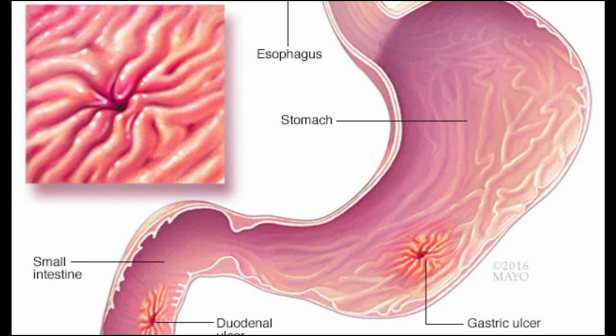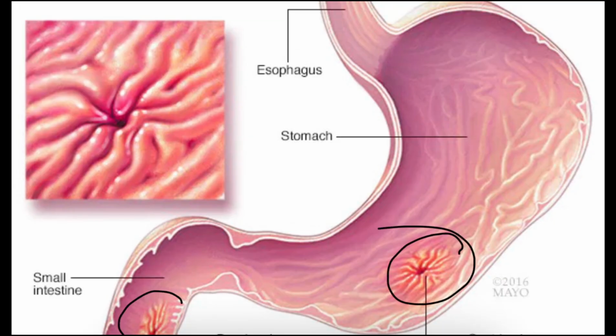So we have some high yield important points. Peptic ulcer disease can be seen in two different sites: one is gastric ulcer and the other is duodenal ulcer. In gastric ulcer you can see it here, and duodenal ulcer you can see here, in the duodenum. How can you differentiate? In duodenal ulcer, the pain is relieved by food. After eating, the patient's pain will reduce. If you are suspecting gastric ulcer, the patient will get pain worsened by food.